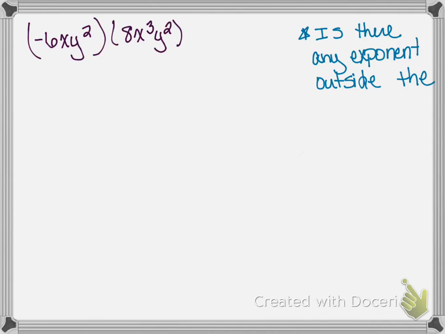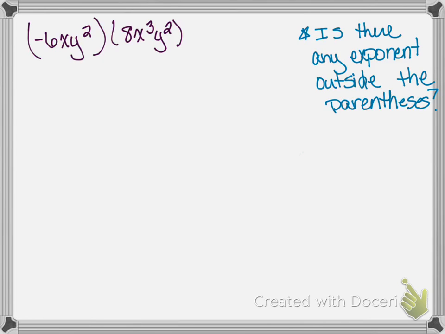If there is, we have to deal with that first. So I am looking here, and I am looking here. Is there anything that I need to deal with on the outside of those parentheses? No, there's not. Okay? So there's nothing that I have to deal with.